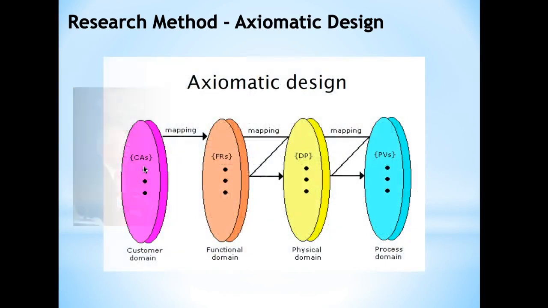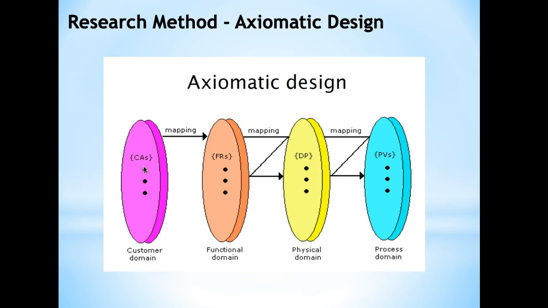So as we are going to see, it's based on 4 domains. First one is the customer domain, where you identify the needs of the customer. And the second one is the functional domain. In this domain, you try to translate the needs of the customer into requirements that he wants.